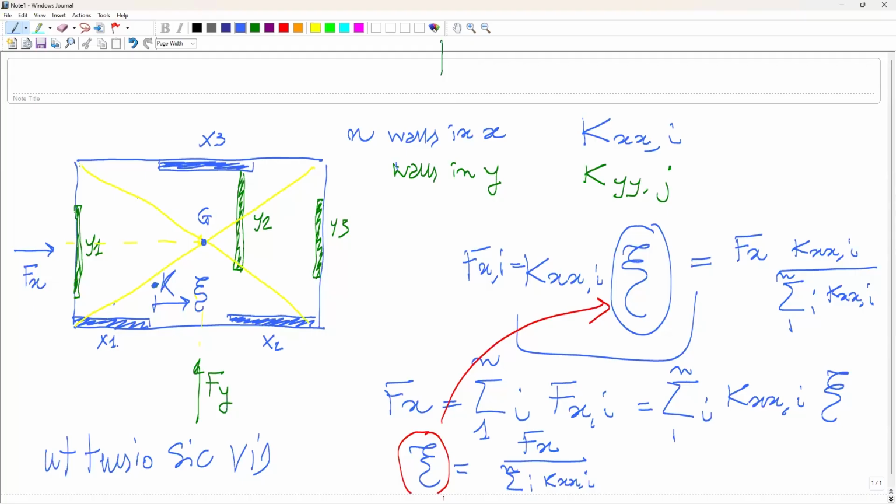But we are allowed by the codes, at least for the analysis, to perform a linear elastic analysis. But what is the effect of cracking? The main effect of cracking in any element? The stiffness drops.